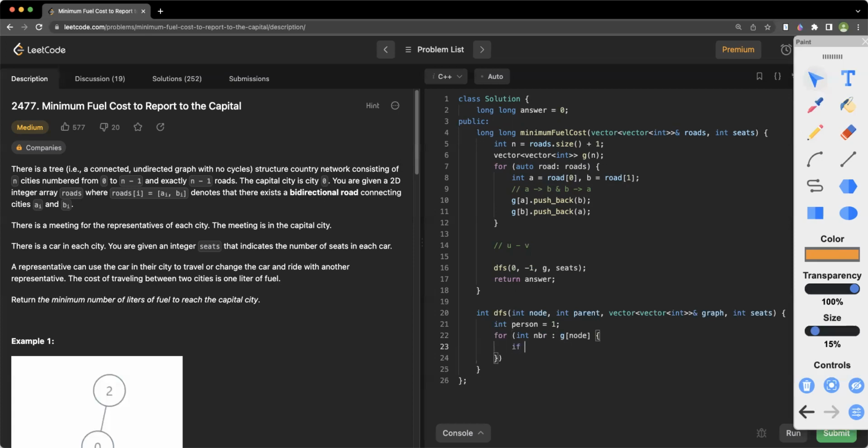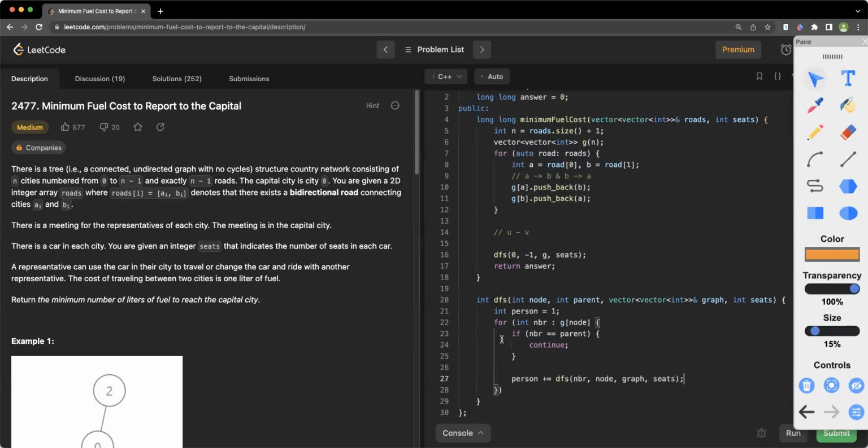If neighbor is equal to parent, then we just continue. If it's not, we calculate the persons coming to this city: persons plus equal to DFS of neighbor, with the parent being the current node, and we pass the graph and the seats as well.